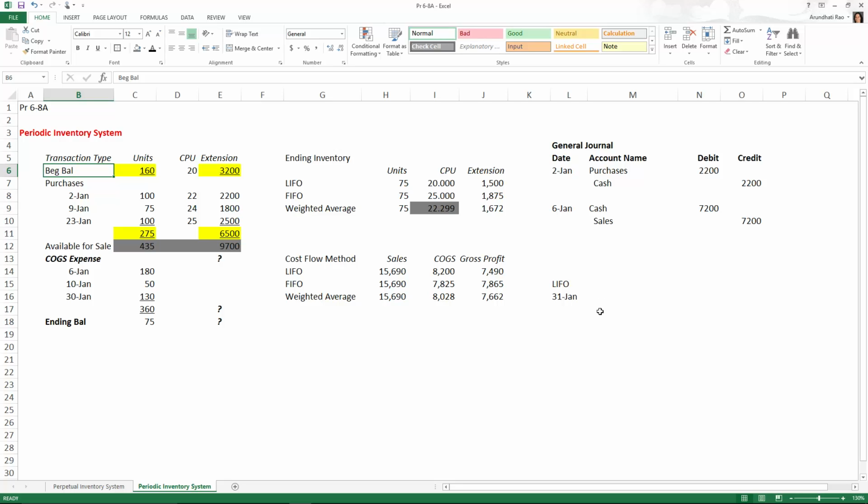I know cost of goods sold has to be debited, so I'm going to debit cost of goods sold. Purchases was debited. To close it, I'm going to credit it. I'm going to close the beginning inventory. Inventory is an asset with a normal debit balance, so I'll close that account, and I'll open a new inventory account that establishes the ending balance.